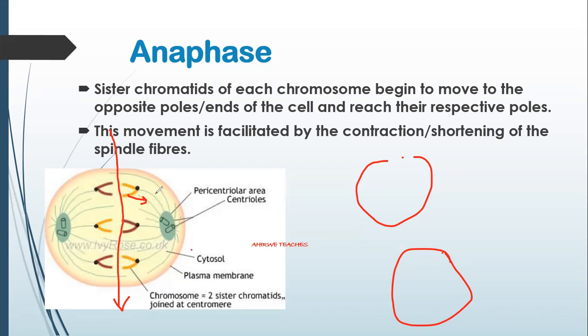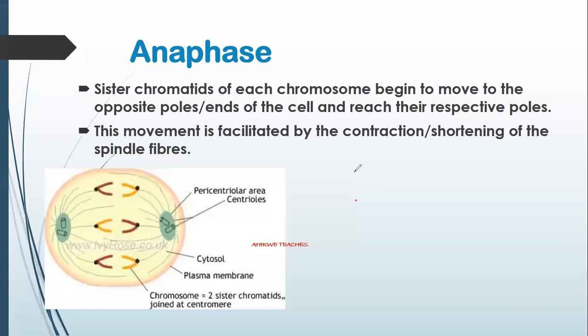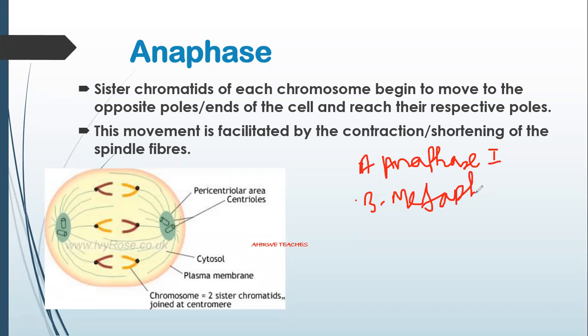If I give you this and ask, guys, which stage of cell division is this? And which stage of cell division is this? I put number 1. I put A, anaphase 1, I put B, metaphase 1, I put C, prophase, and finally I put D as anaphase.